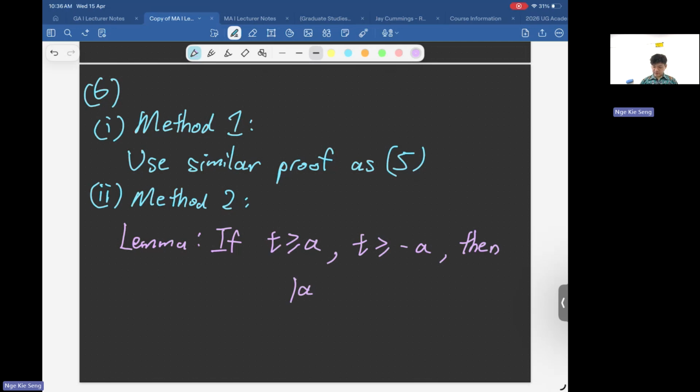Wait, say again. Let me think. So which one is true? So modulus of A is less than or equal to T, like that? Yeah. Did you know this? Okay, sure. But this lemma is very useful. I think sometimes in the proof we need this as well.